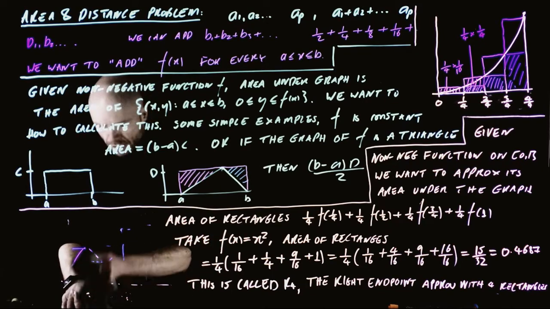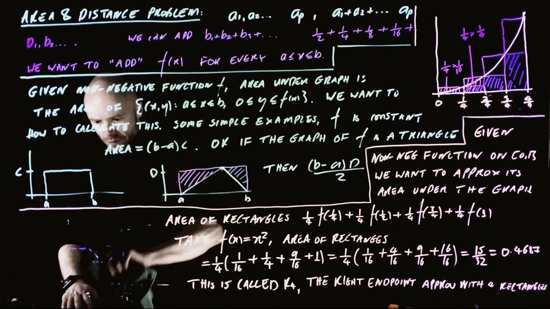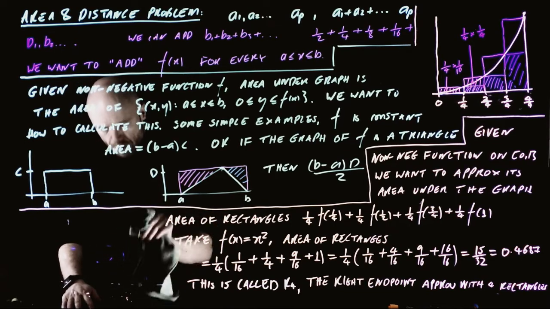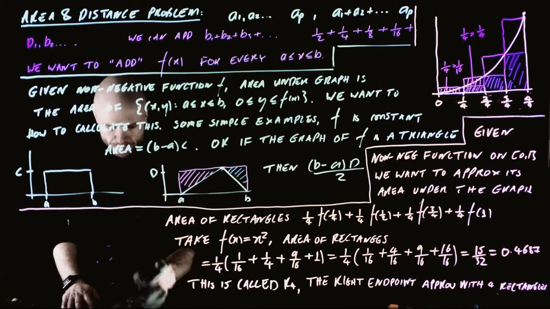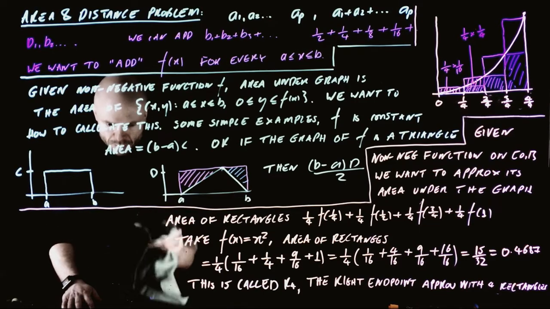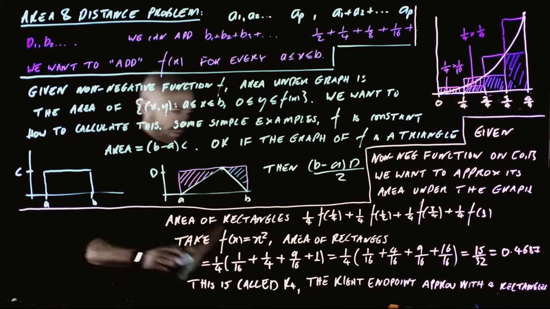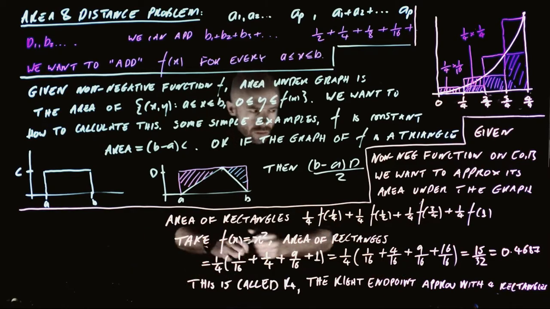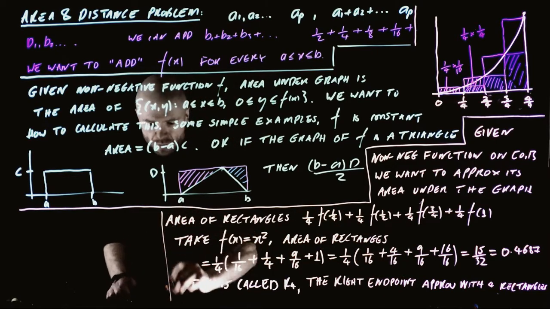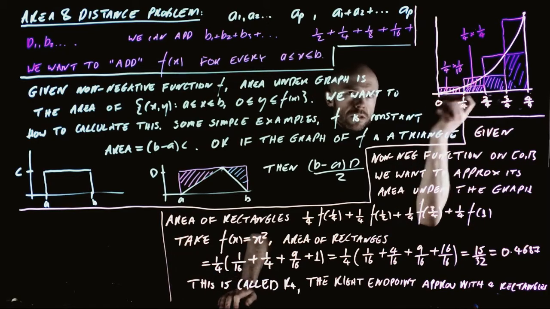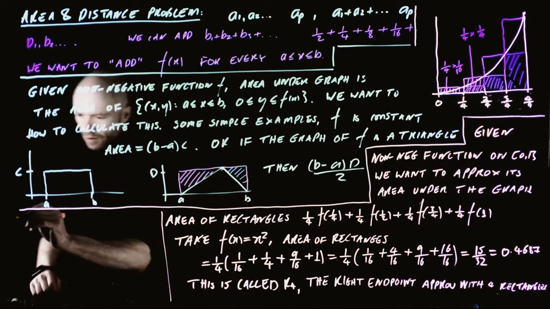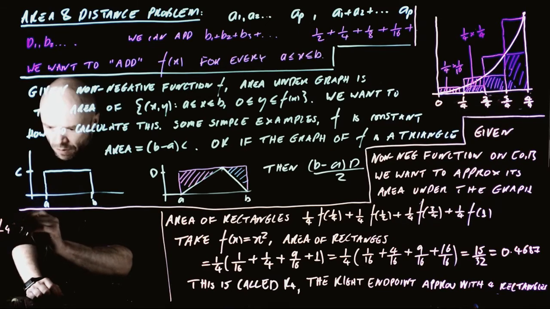Let's see what we get when we get the left endpoint approximation. So the first one is just going to be 0. So we're going to do the same thing. So I'm going to write straight away L4.